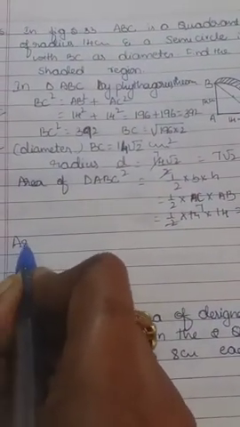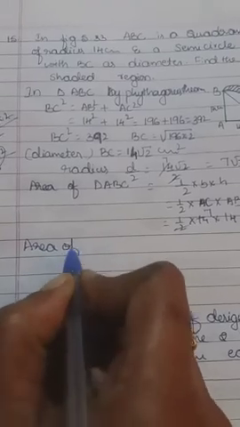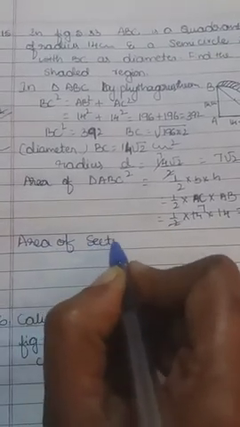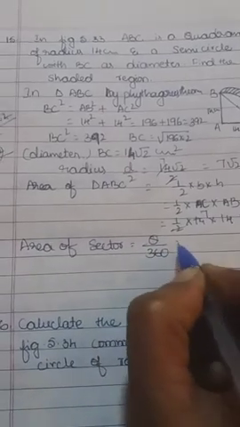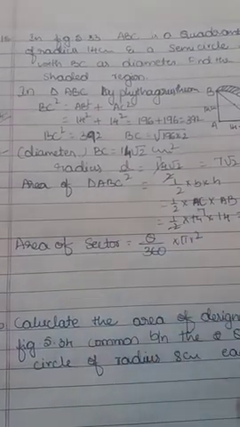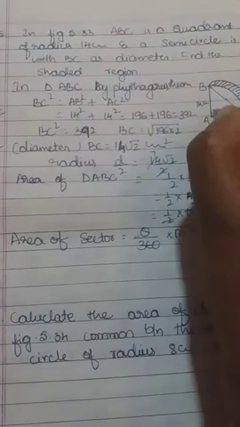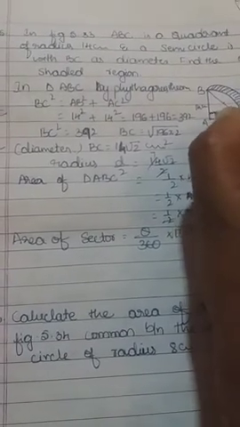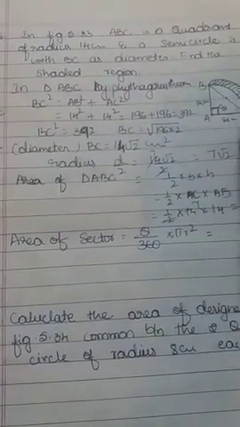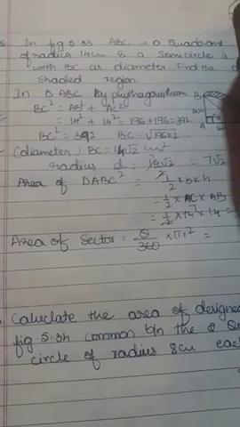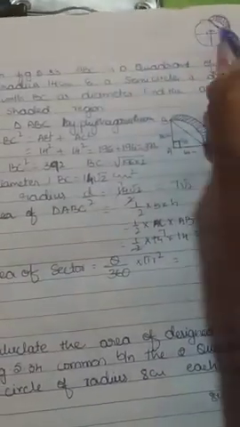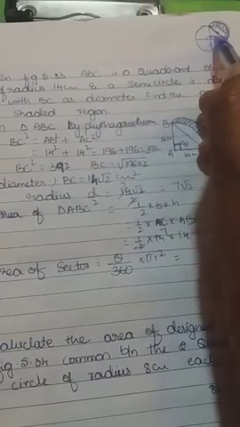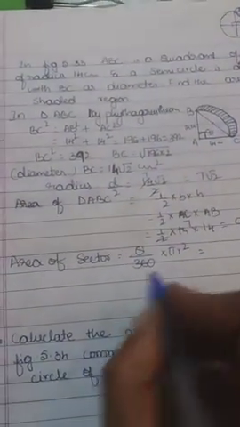Now we have to find the area of the sector. The area of a sector formula is theta divided by 360 into pi r square. If we substitute theta, it should be 90 degrees, because we take 90 degrees here. A circle is completely 360 degrees, and if it is divided into 4, that is 90.